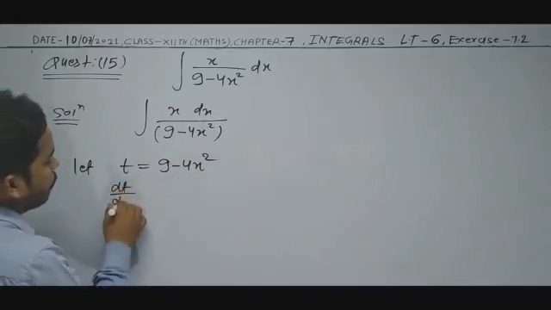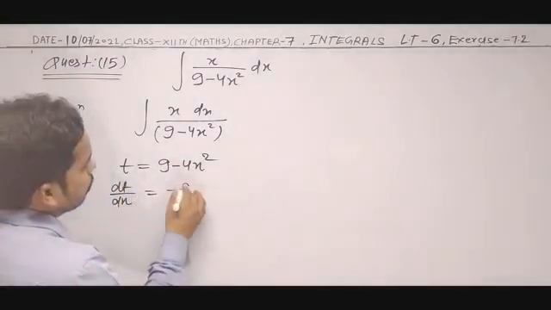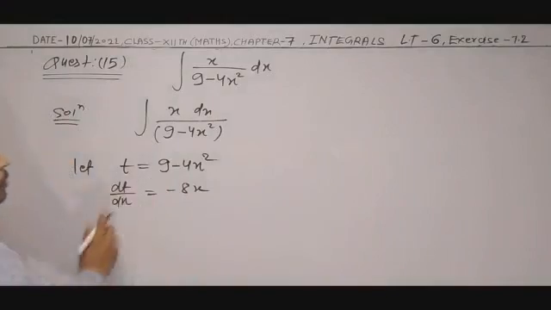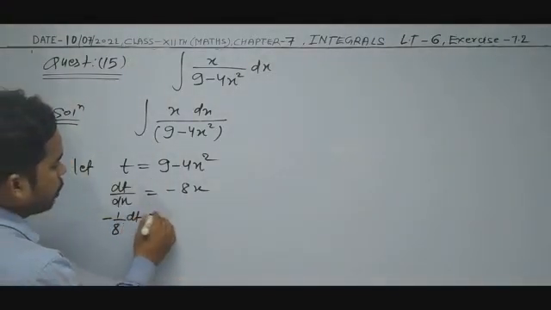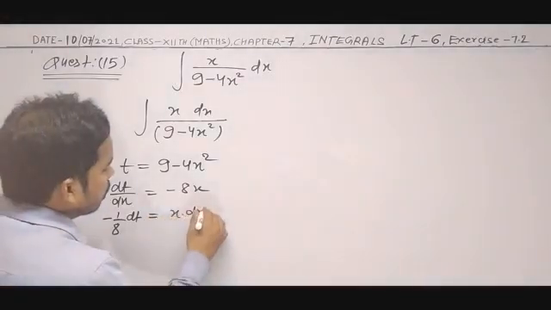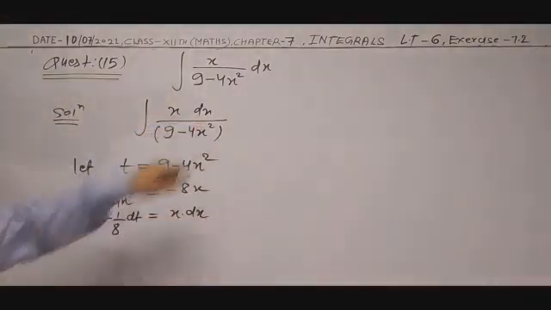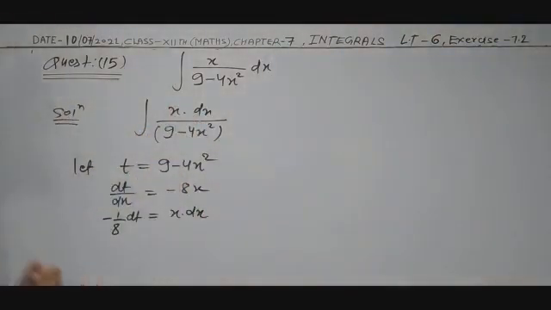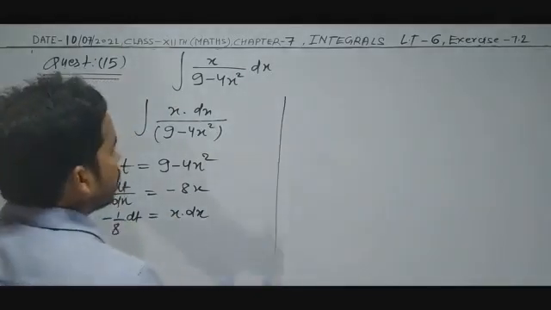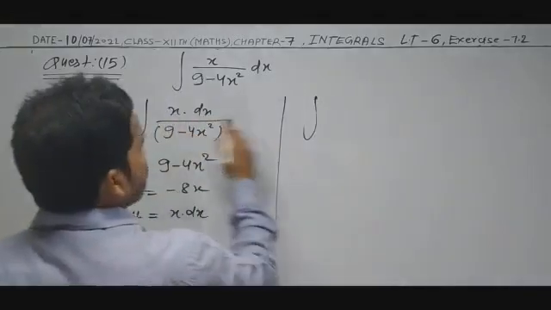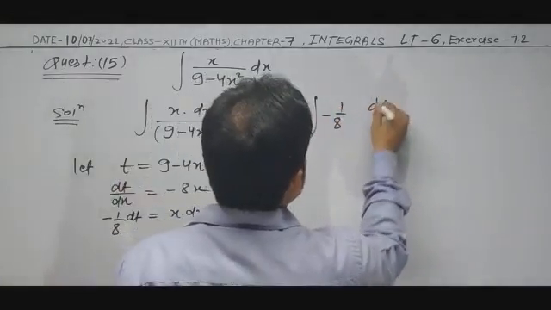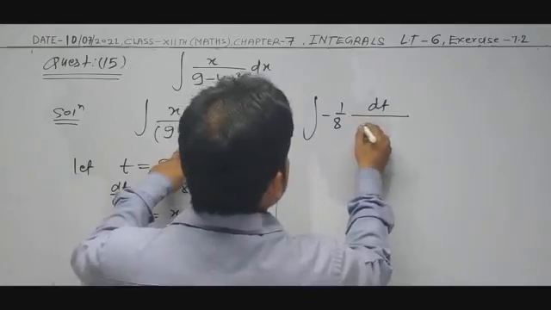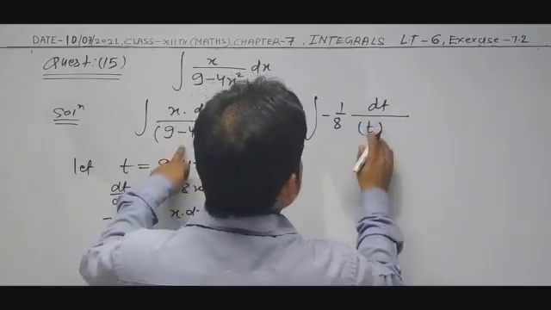So dt by dx calculation will be minus 8x. This can be written as minus 1 upon 8 dt is equal to x dx. And the x dx value is minus 1 upon 8 dt. So the integration converts to minus 1 upon 8, integral of dt whole upon t.